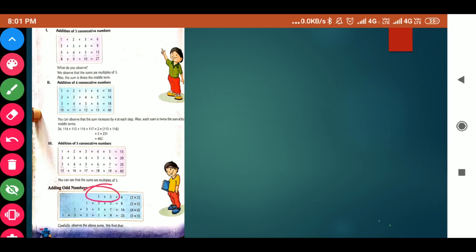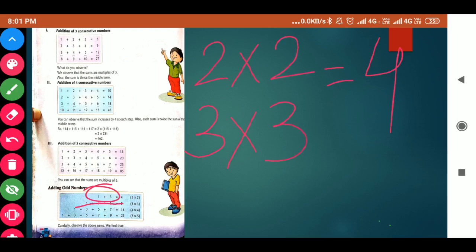So 2 numbers are given, so multiply it by 2 and you will get the answer 4. Similarly, here 3 odd numbers are given, so multiply 3 by the same number, it means 3 times 3, and you will get the answer 9. Similarly, the other one, the sum of 4 odd numbers will be 4 multiplied by 4 and you will get the answer 16.